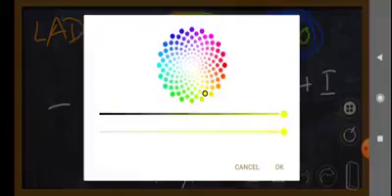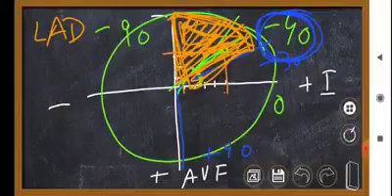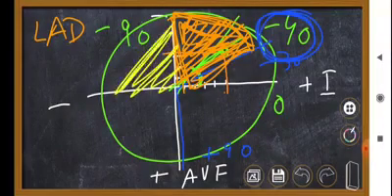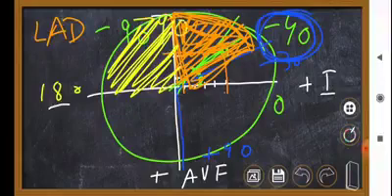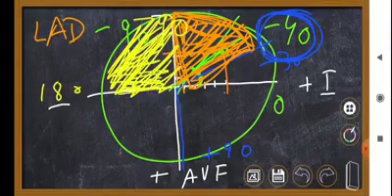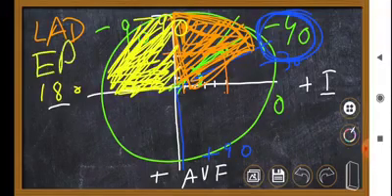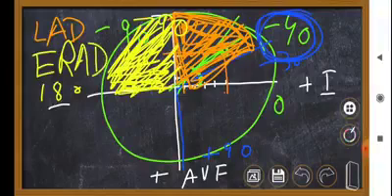Now suppose our axis is falling into this area from 180 to minus 90. The axis that falls here is also called extreme right axis deviation.